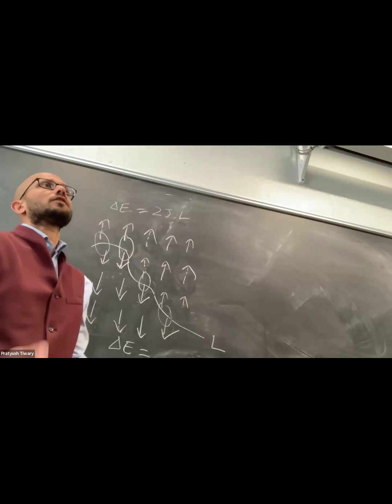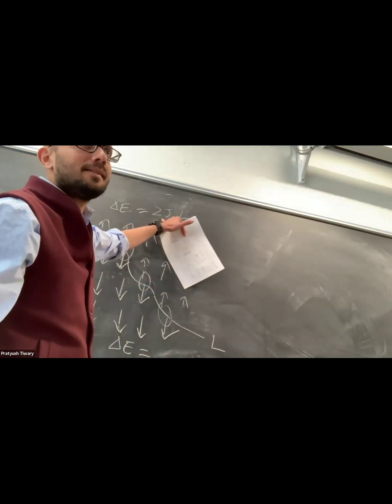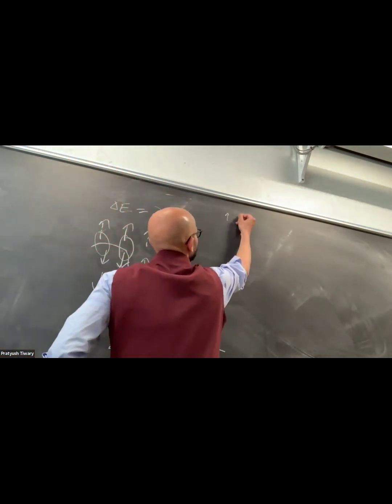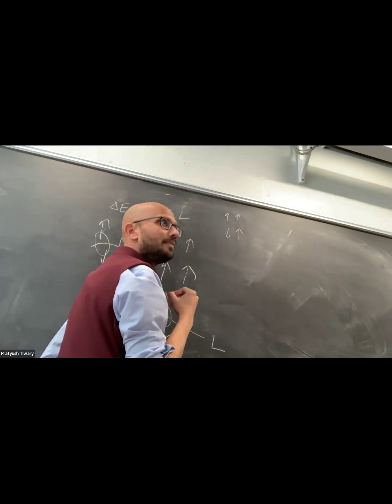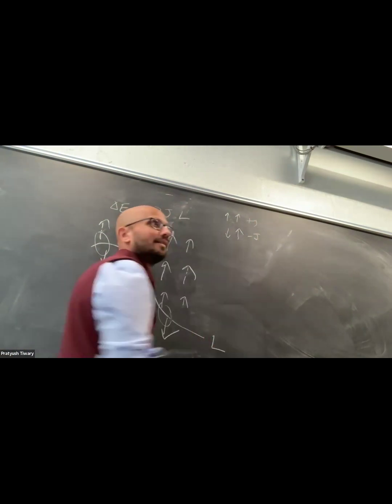If the number of broken bonds is L, then the energy penalty is 2JL, correct? Same idea as we had last time, because at any boundary, this was plus J, and now this is minus J. So the penalty is 2J. And if you have L bonds which are disrupted, the penalty is 2JL.